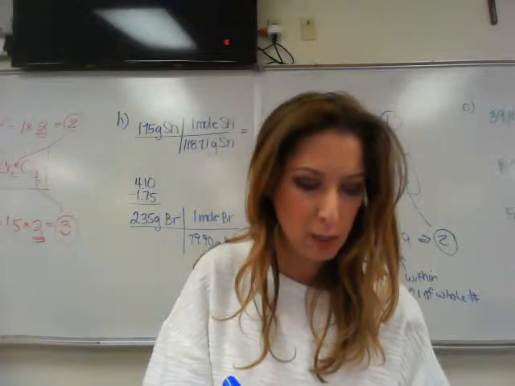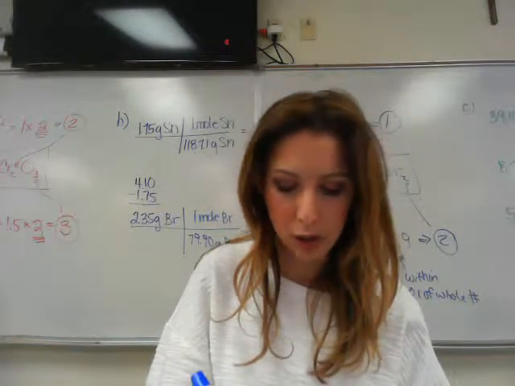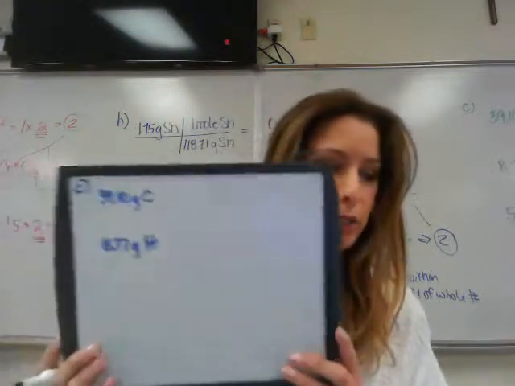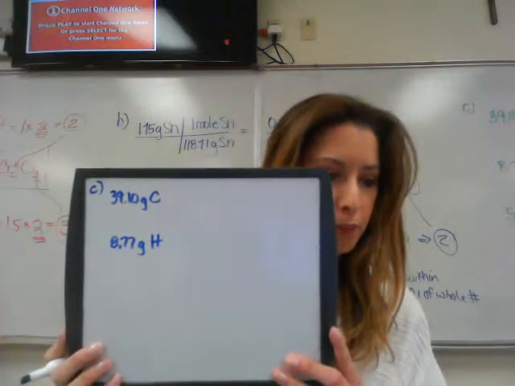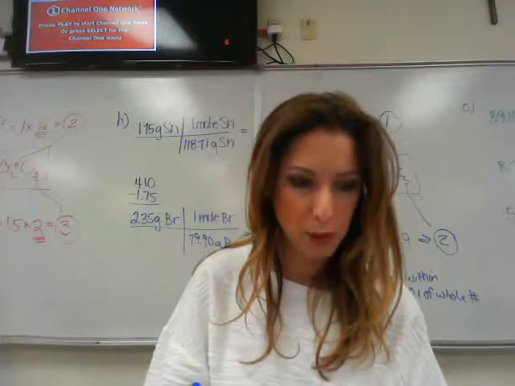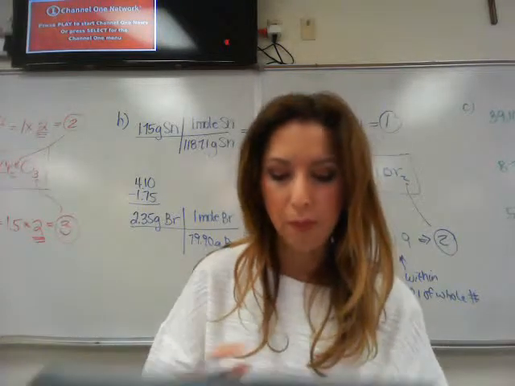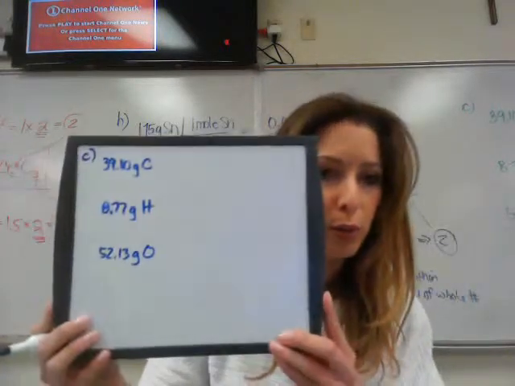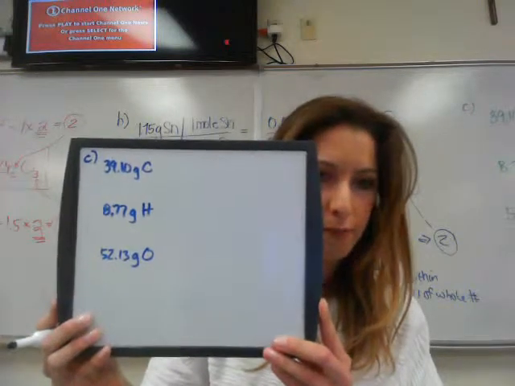And then you have 8.77% hydrogen, which is really 8.77 grams of hydrogen. And then you've got 52.13% oxygen. So 52.13 grams of oxygen. Okay?